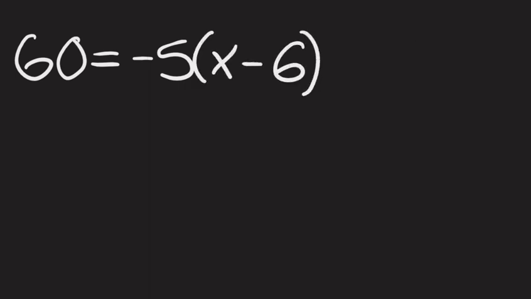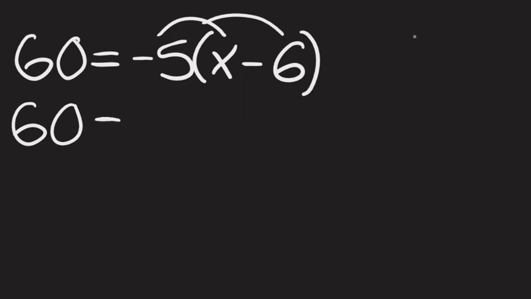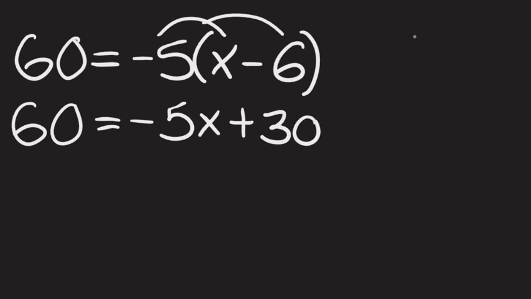Next we have 60 equals negative 5 times x minus 6. In the previous example that looked like this, we divided by negative 5 on both sides. But there's another way that we can solve this equation. We can distribute the negative 5 to the inside of the parentheses, and we will have 60 equals negative 5x plus 30.